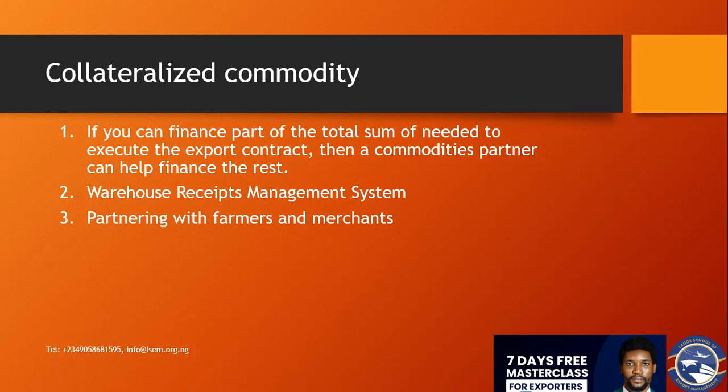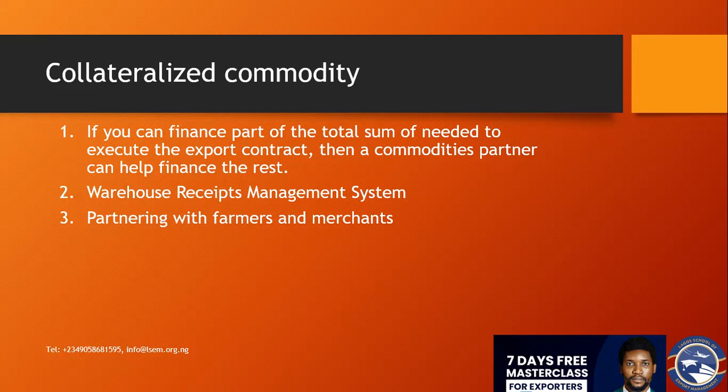Whenever I buy commodity worth 5 million, you match it with maybe 10 million naira and I export that. Once I export, I can buy another 5 million naira commodity again, you match it, and I send it over.